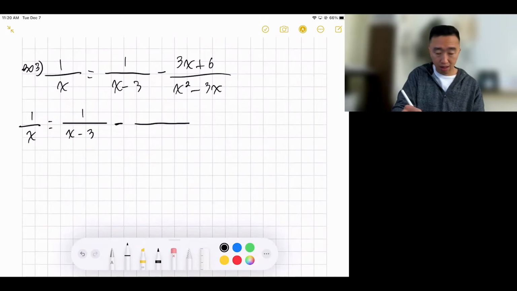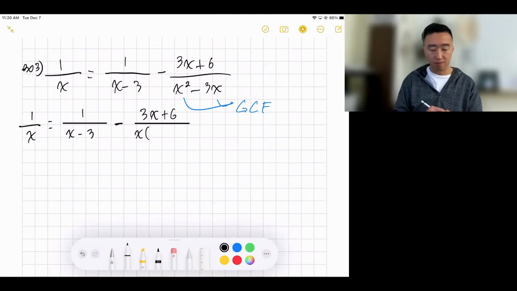But you notice that this one does have a GCF, and that GCF is an x. Very good. And guess what I have inside? x minus 1. Oh, wait, yeah, no, sorry, it's minus 3, right? To kind of x, very good, right?